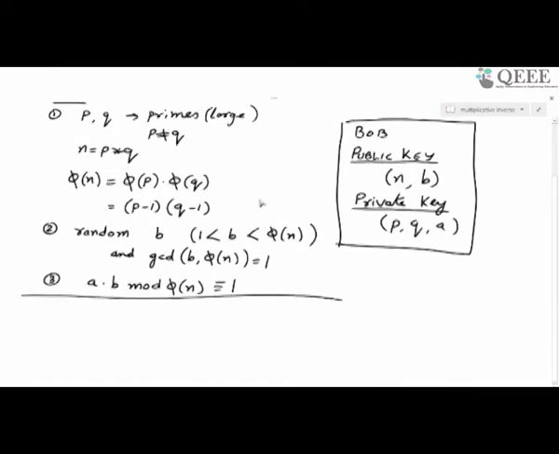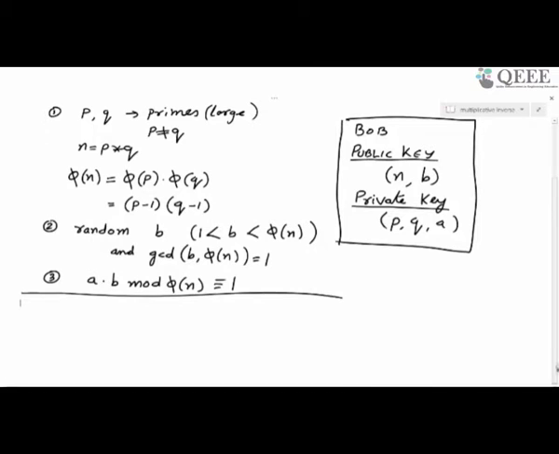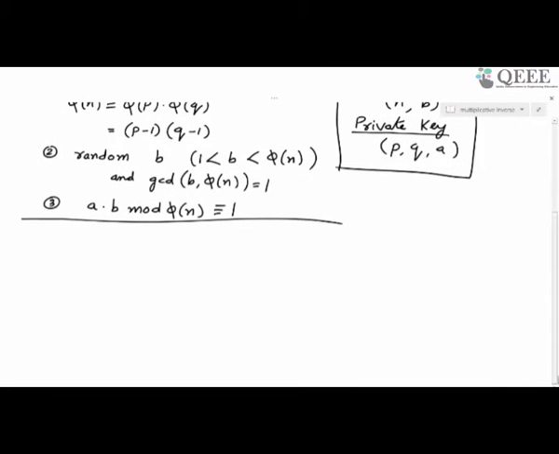The next step is on Alice's side, where she will encrypt a message. So the second step is encryption done by Alice. What Alice does is she goes to Bob's website and picks up the public key comprising n and b, and let us say she wants to encrypt the message denoted by x and send this to Bob.